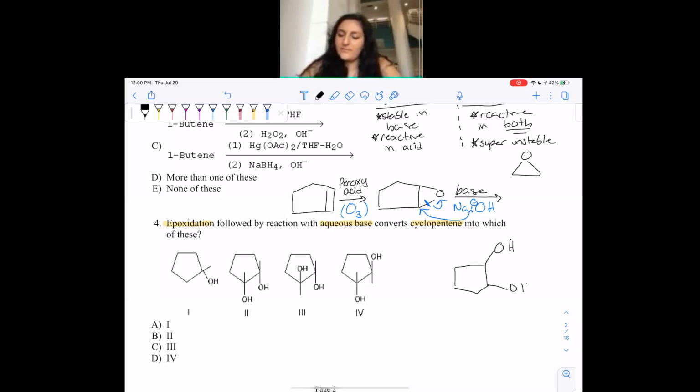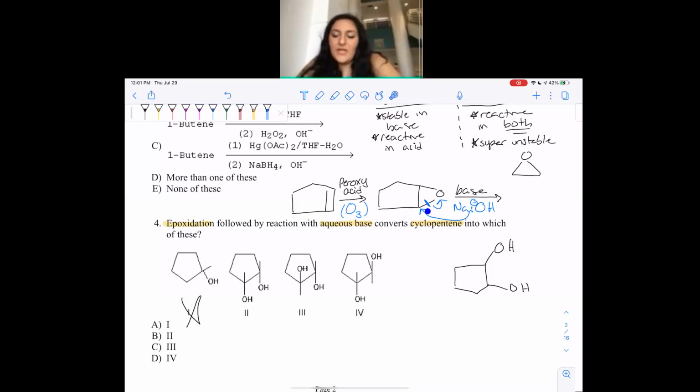So our answer will look something like this. First and foremost, we can get rid of this one, because what does that even mean? How did we get that group here? Gross. So we're stuck between these three. The question is really asking which side the nucleophile is going to attack from.